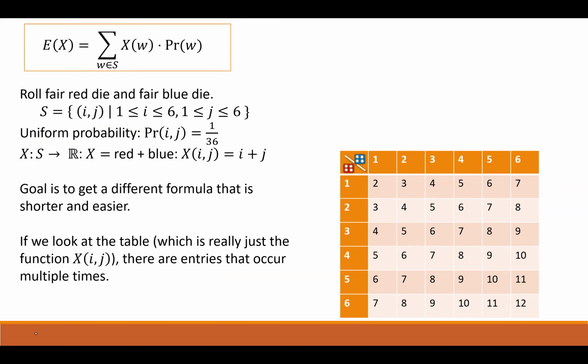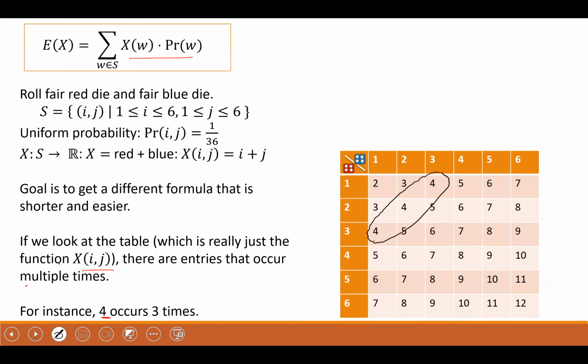If we look at this, for instance, xij maps to the value 4 3 times here. So this is an event now instead of individual outcomes, and every outcome in this event has the same value.